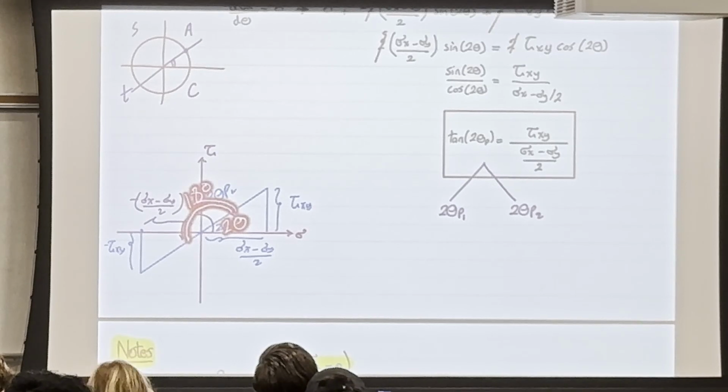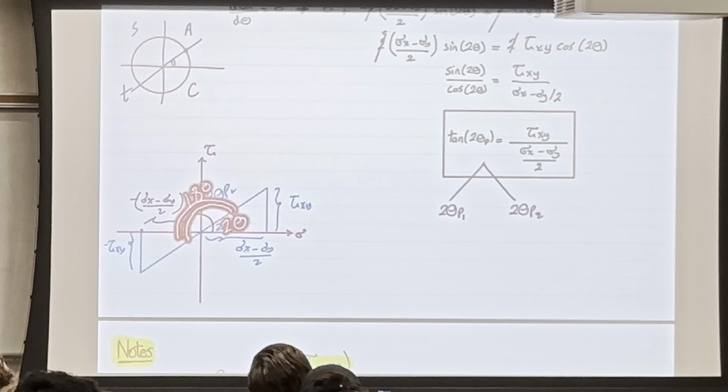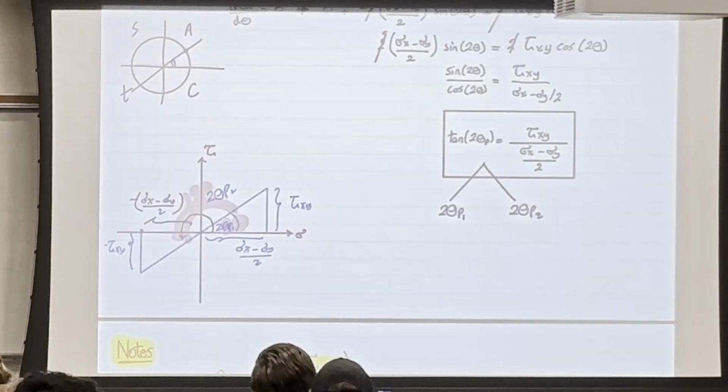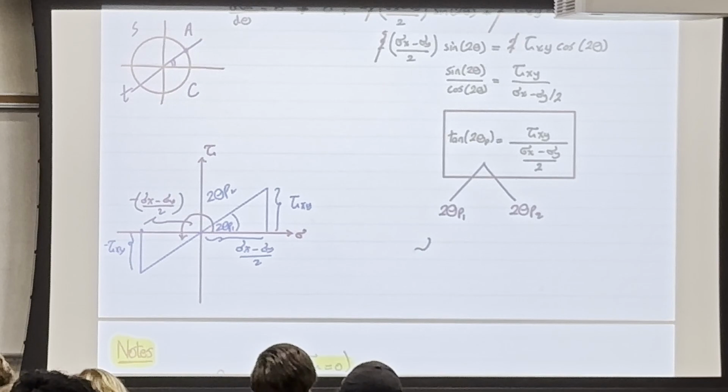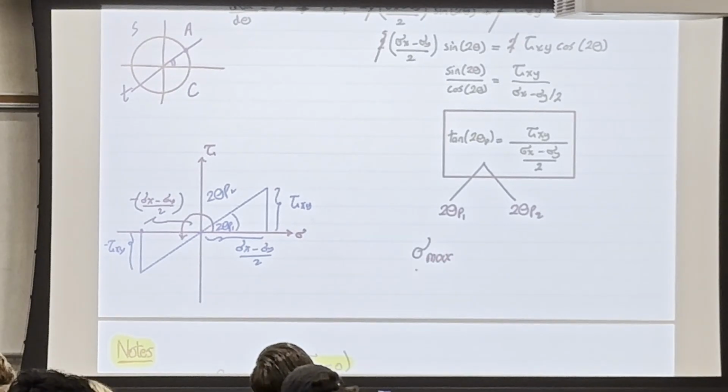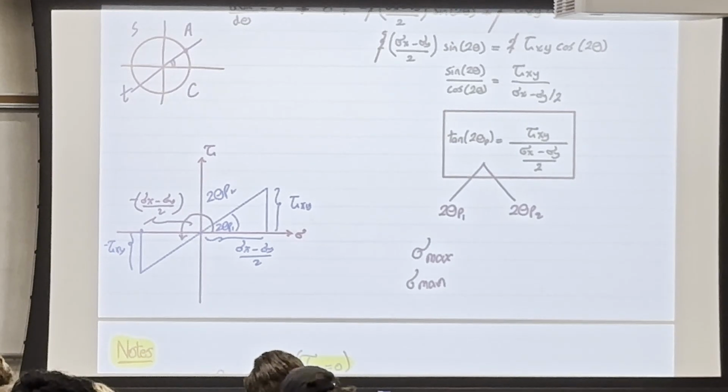So if the 2 theta is 180 degrees away from each other, the theta will be how far from each other? 90. If 2 theta is 180, so 1 theta is 90. Do you all see it? Which makes the stress, let's say maximum, and the stress minimum, they are on the same stress element, but they are orthogonal to each other.